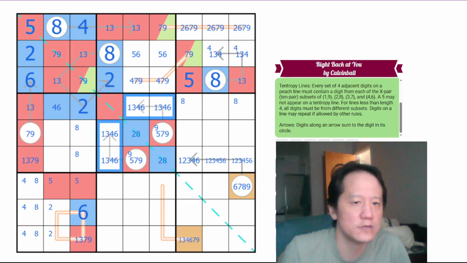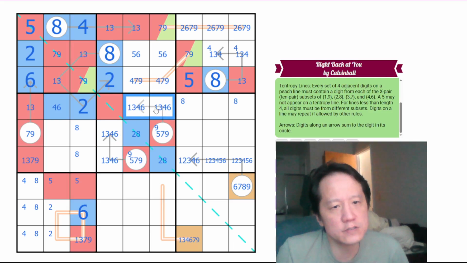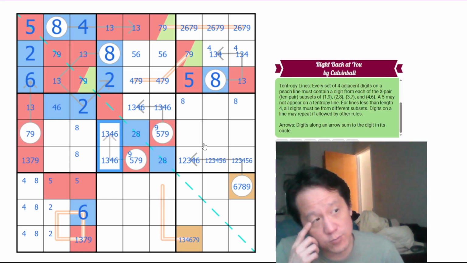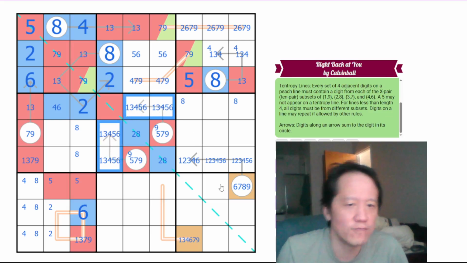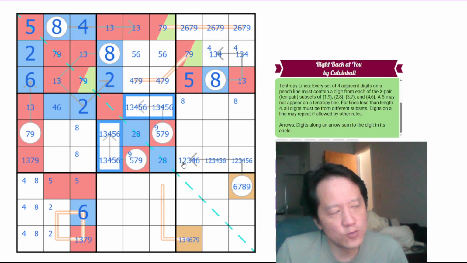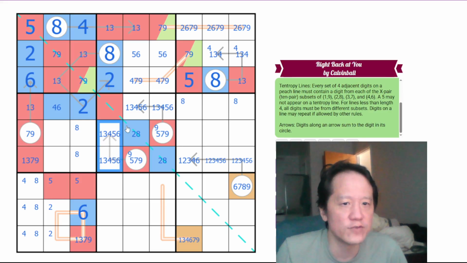That works. 1, 6 with 3, 5. 3, 5 doesn't work. 4, 5. 1, 6 with 4, 5 does work. 4 goes only with 1, 3, or 5, and 6 goes only with 1 or 3. You cannot have 3, 6, and 4, 5 together, so 1 has to be one of these digits.